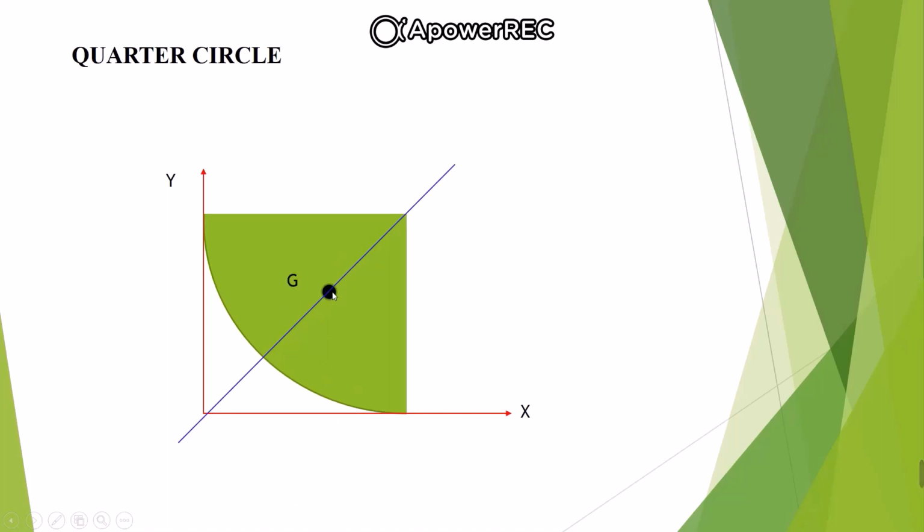So I am going to mark the G like this, capital G. And this will be at a horizontal distance of 4r by 3 pi and a vertical distance of 4r by 3 pi from the 90-degree corner, or it will be at a distance of r minus 4r by 3 pi. That is, the total distance is radius. Radius minus 4r by 3 pi will give you this distance. So r minus 4r by 3 pi from the x-axis and r minus 4r by 3 pi from the y-axis.